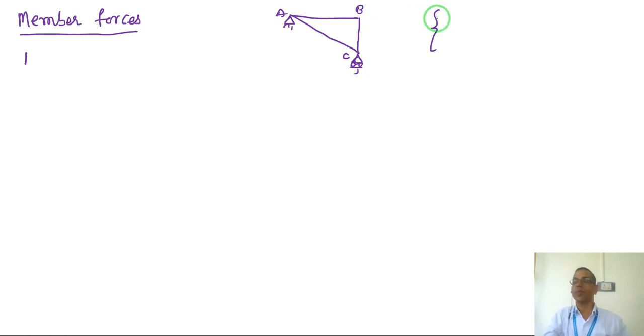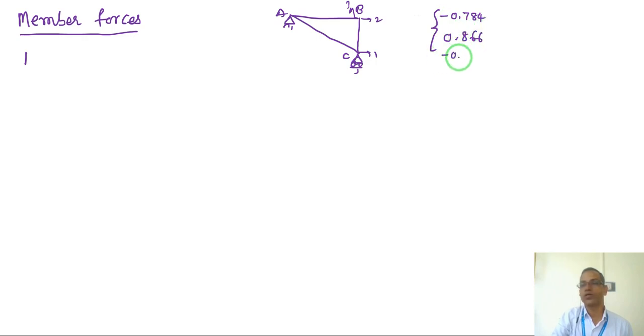The displacement obtained was, here coordinate is 1, coordinate 2, coordinate 3. So minus 0.784, 0.866, minus 0.375 at 1 coordinate, 2 coordinate and 3 coordinate. This is important to know that.